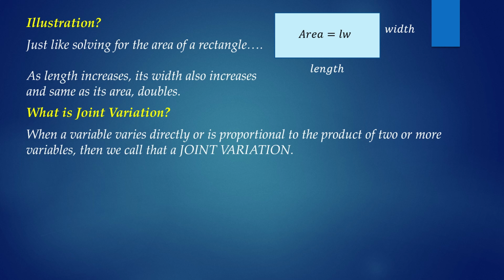Ang length ug ang width are two variables already of a given situation. So the area varies directly to the product of its length and width.